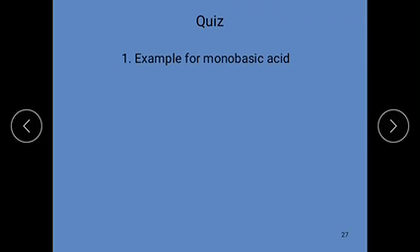Okay, which are the suitable examples for the monobasic acid: NaOH, H2O, NaCl, HCl. Among the four, HCl is the right answer because on ionization it produces 1 H plus ion in aqueous solution, so it is a monobasic acid.